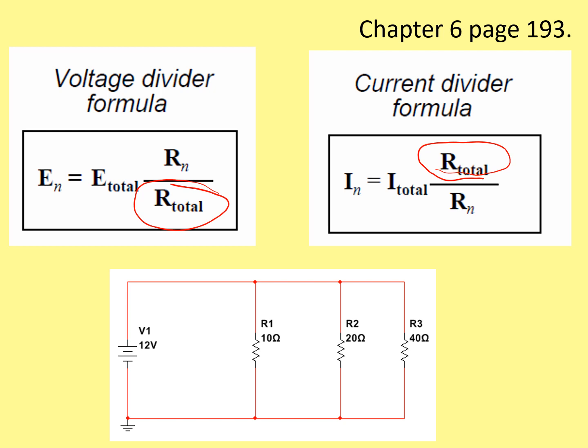That is because R total is going to be less than Rn in a parallel network, and you have to have less than total current, so the smaller one has to go on top.